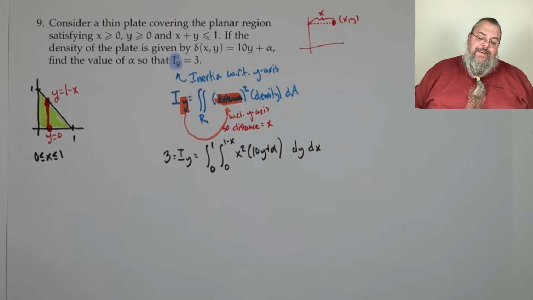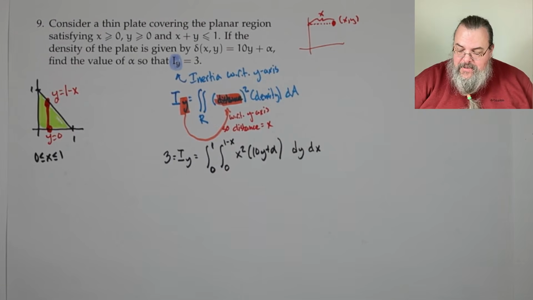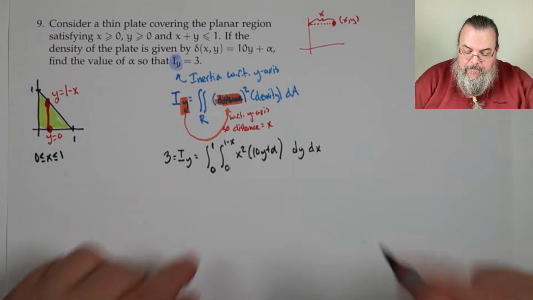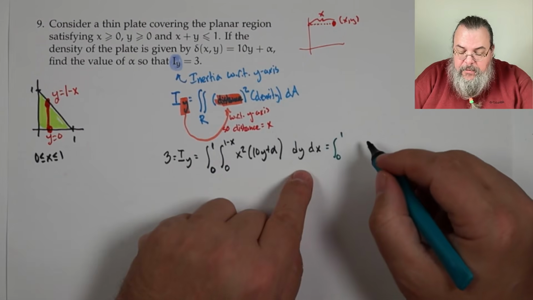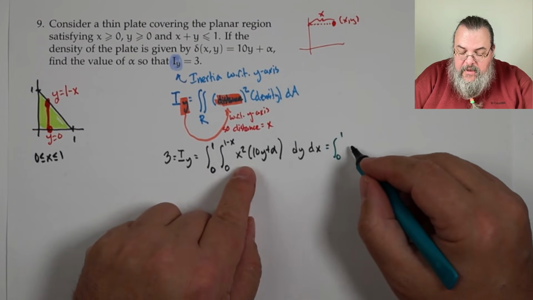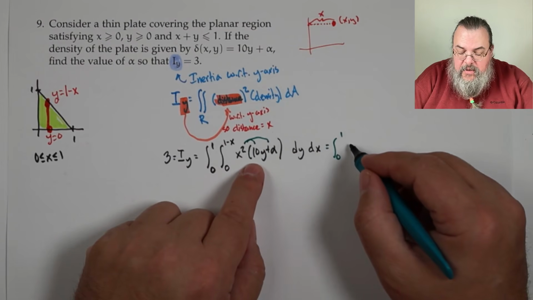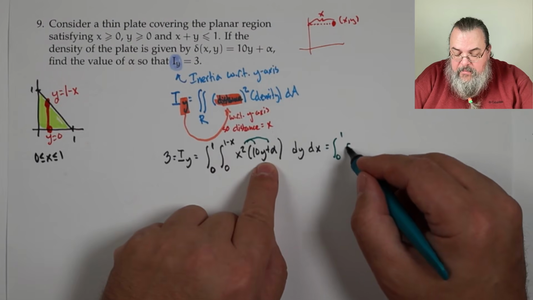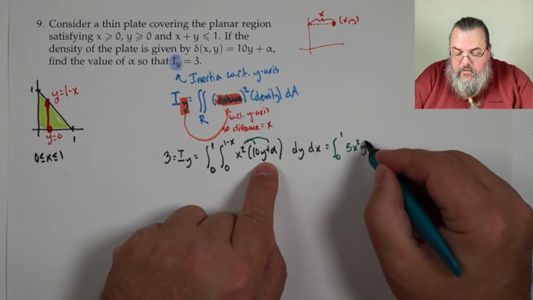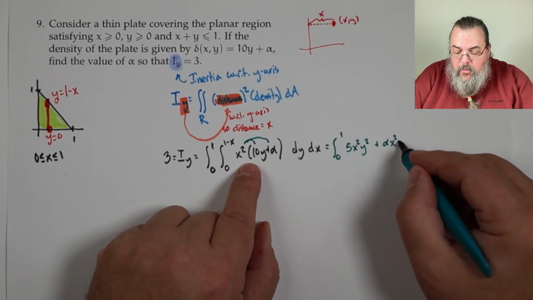All right. Well, let's do it. So what do we get? This becomes the integral from 0 to 1. We're integrating with respect to y, so if we multiply this through, we have 10x squared y squared over 2, which becomes 5x squared y squared, plus alpha x squared y.